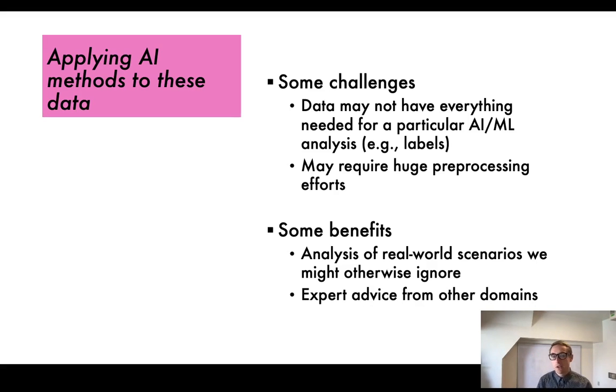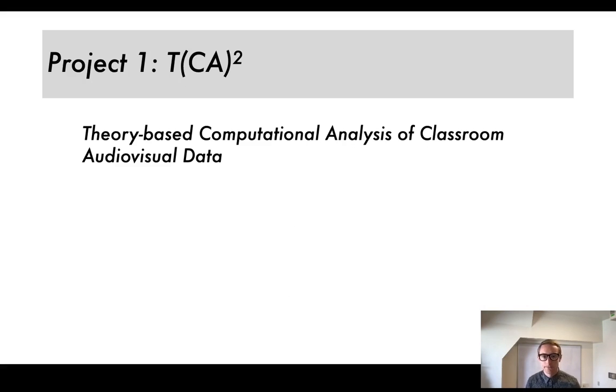And we also have a benefit when doing this kind of research of being able to get some expert advice from other domains, especially with the data that I'll talk about today, from two studies where the data were collected for qualitative analysis purposes. So then we can actually talk to the qualitative analysts and get their thoughts on these data.